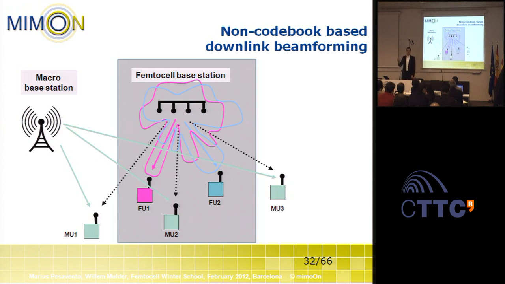This is, of course, very important in the context of femtocells. Let's say we have a base station with multiple antennas, and we also have a macro cell in the vicinity. Then, of course, we want to make sure that the femtocell base station is not creating any interference to the users of the macro cell base station.